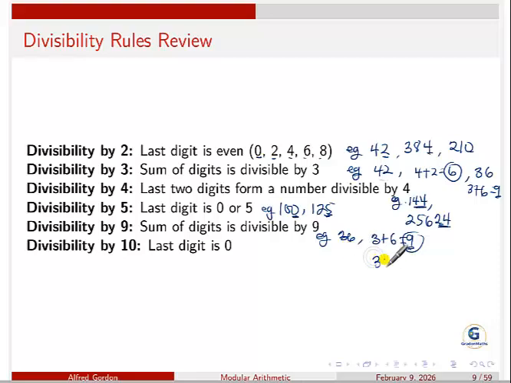We can have 333, which adds up to 3 plus 3 plus 3, which is also 9. So the entire number 333 is divisible by 9. And lastly, divisibility by 10. Any number I write which has a last digit of 0 is divisible by 10.